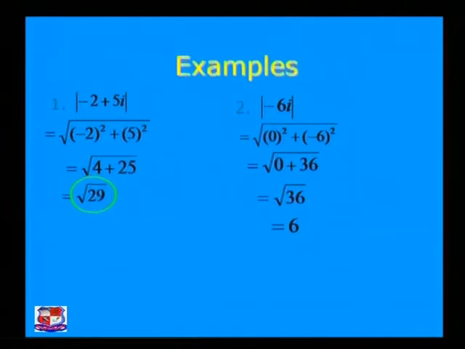So here the modulus of -2 plus 5i is equal to root 29, and the modulus of -6i is equal to 6. From this discussion we can give one conclusion, that the modulus of -6i is greater than the modulus of -2 plus 5i.